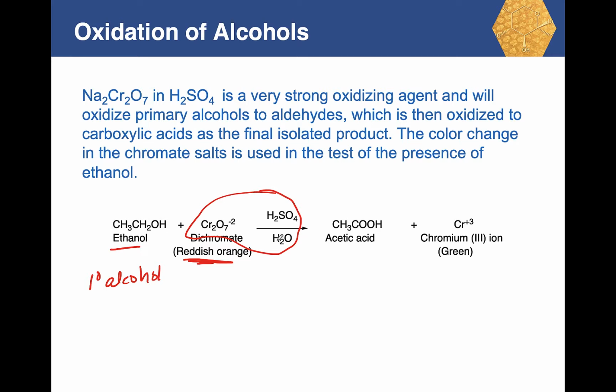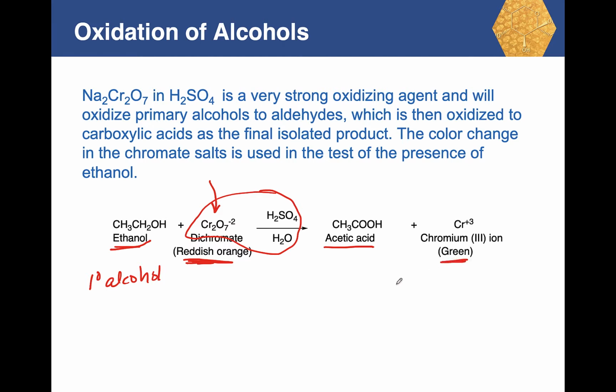That mixture, same as before, is an oxidizing agent. But the main aspect here is this is reddish orange. After the reaction is done, the ethanol is converted to acetic acid, and the other inorganic product is green.